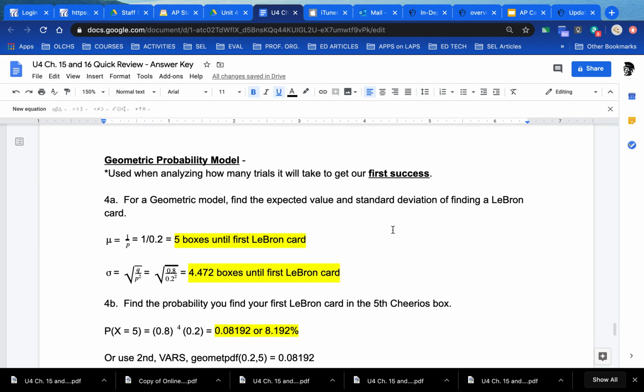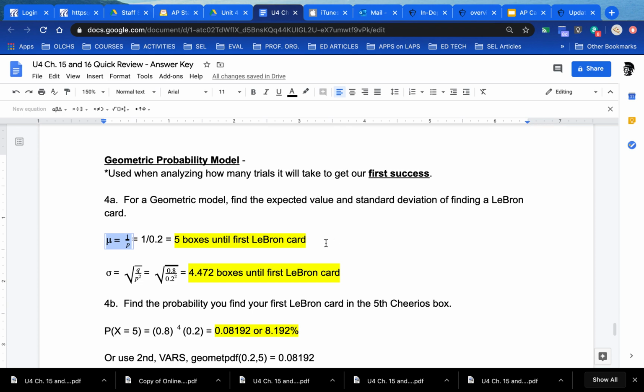Okay, so now, what's the geometric probability model? This would be if you are asked any question about how long until my first success, or how many trials until my first success. The expected value when you're dealing with a geometric model is 1 over p. So 1 over that probability means I should expect to have to open 5 boxes until I get my first LeBron card.